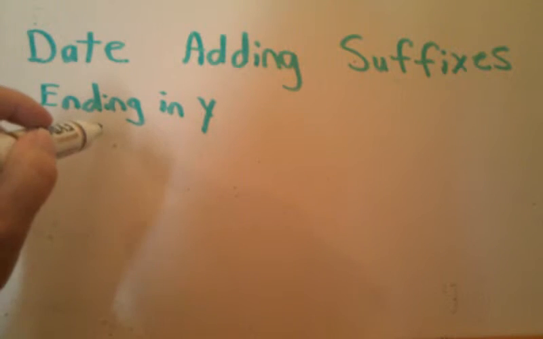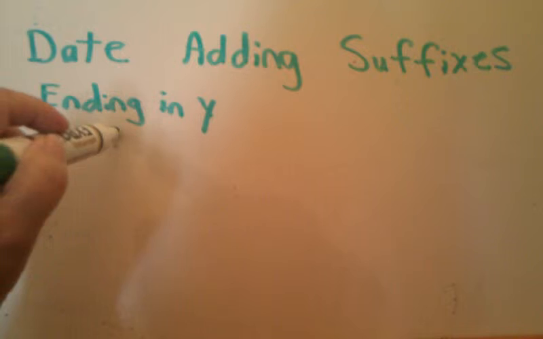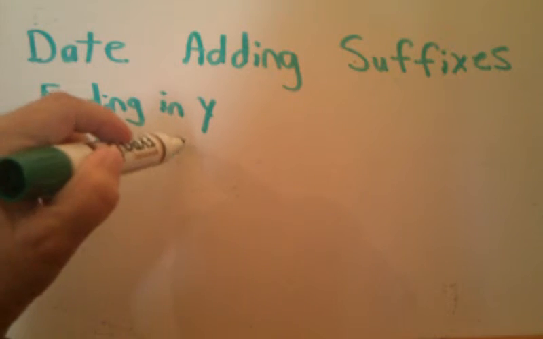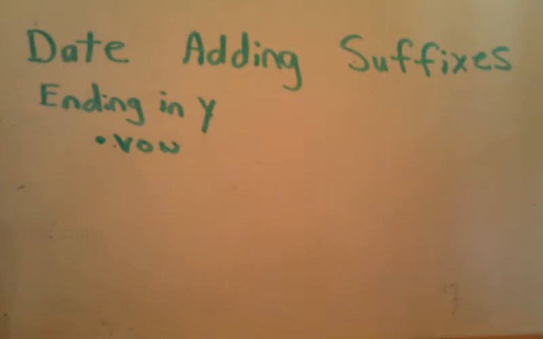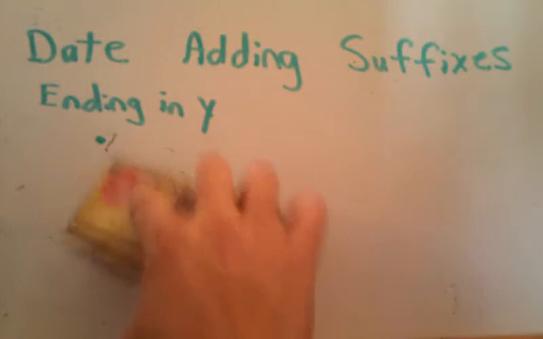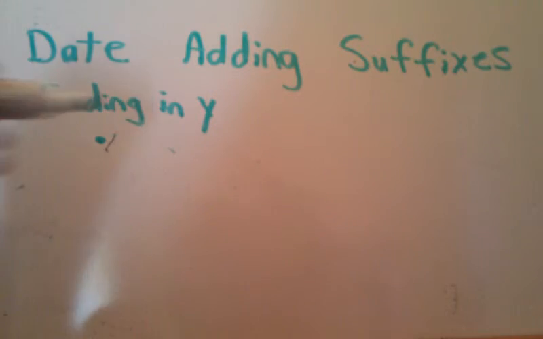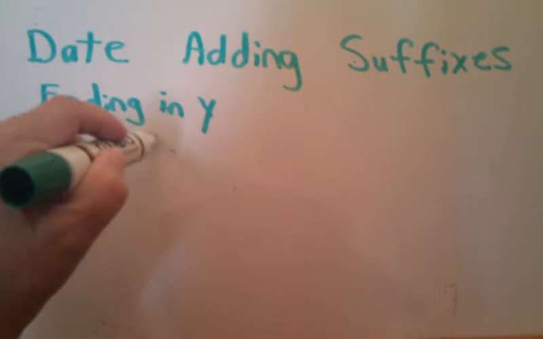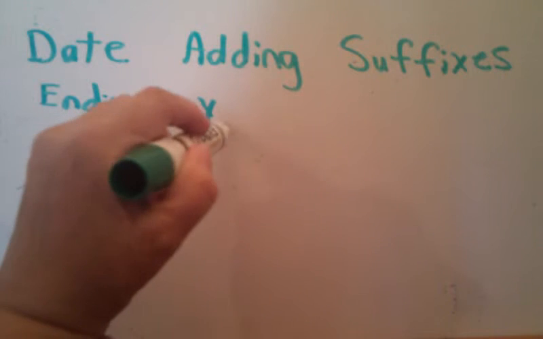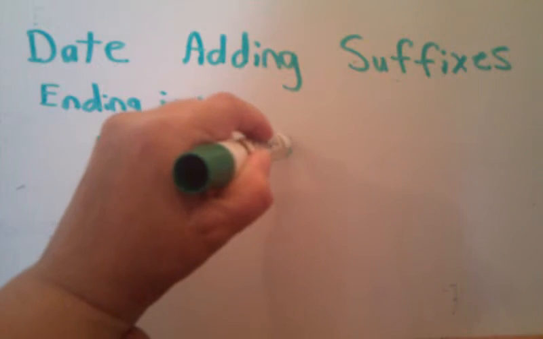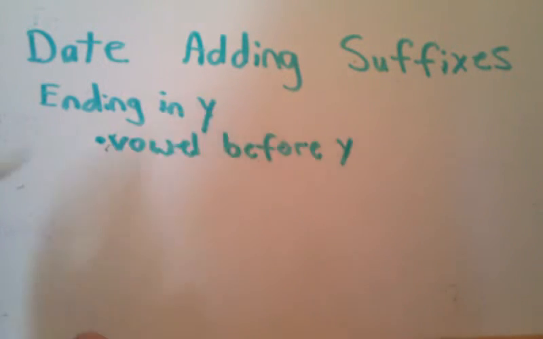Okay. So if it has a vowel, well, wait a minute. Maybe that would be the best way to write it, actually. Vowel before. There's a vowel before the Y. You don't have to change anything. Just add the suffix.